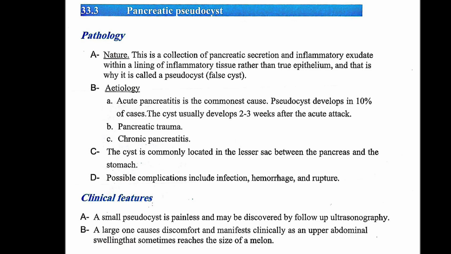And the second cause of the pseudocyst is pancreatic trauma. So, if there is trauma to pancreas, it might form pancreatic pseudocyst. Or maybe the third cause is chronic pancreatitis, which can also cause pancreatic pseudocyst. So, see, we have both of the types of pancreatitis, acute and chronic, both will cause pancreatic pseudocyst.